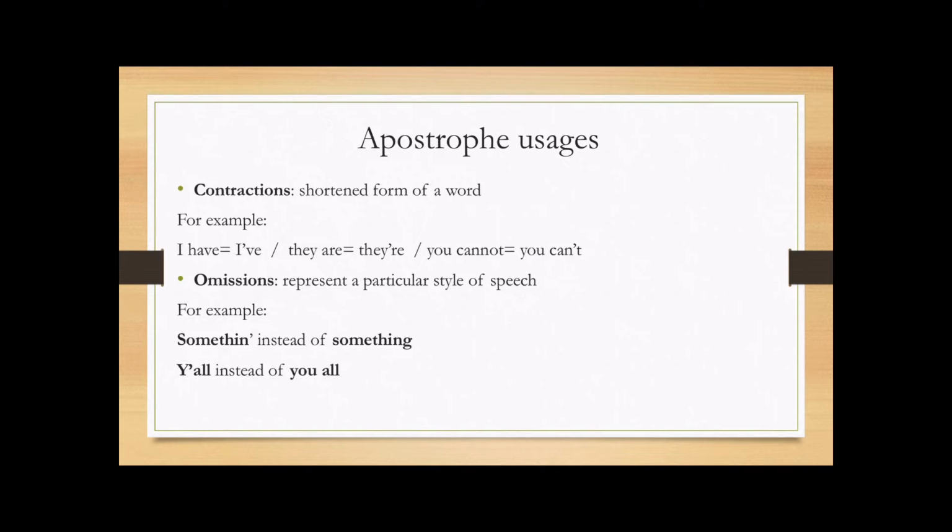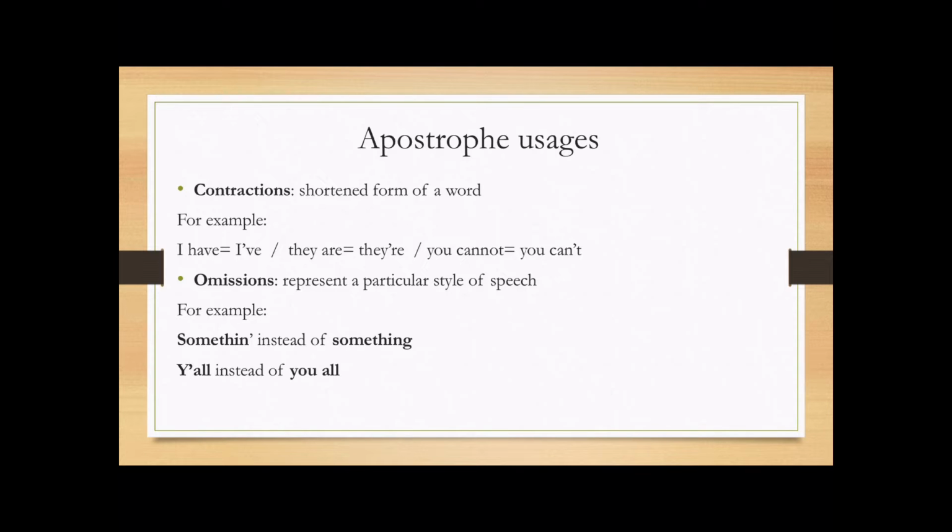We are making it shorter by using the apostrophe in the case before "re." The other example is "you cannot." In this case, we use an apostrophe to contract that phrase and it stands as you can't.